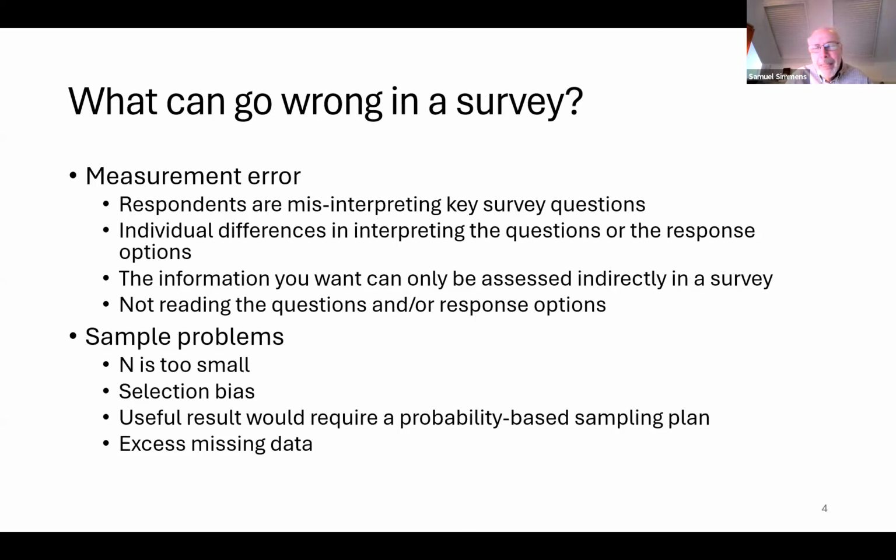An example would be a Likert-type item where 1 means not at all and 5 means a lot. Well, a lot can mean different things to different people.